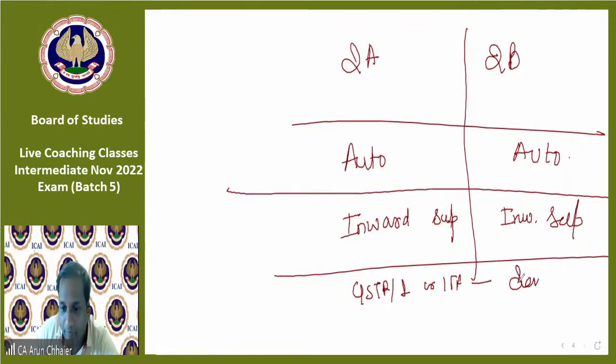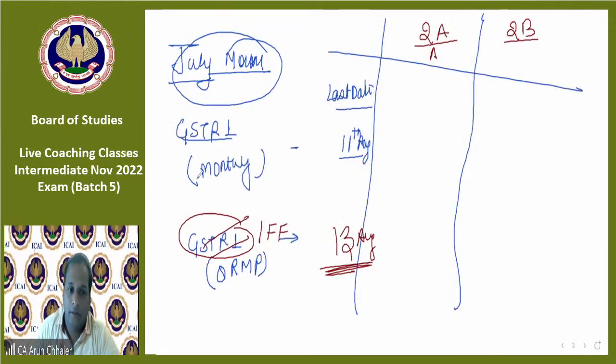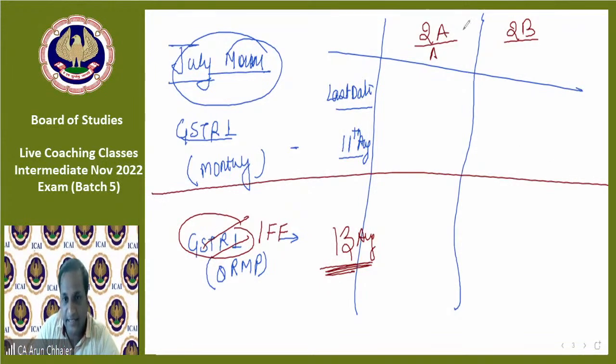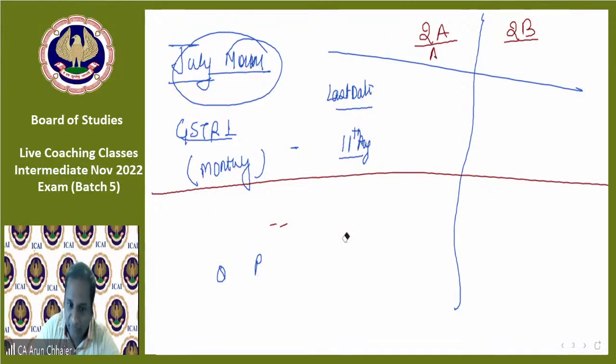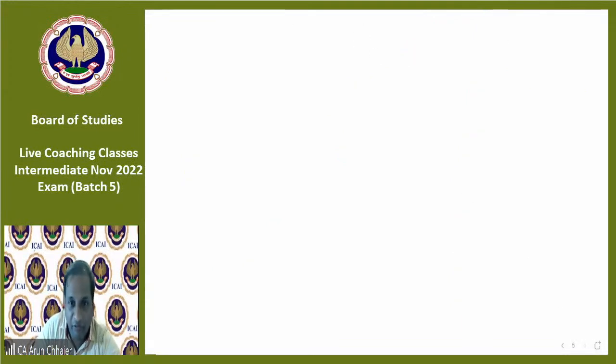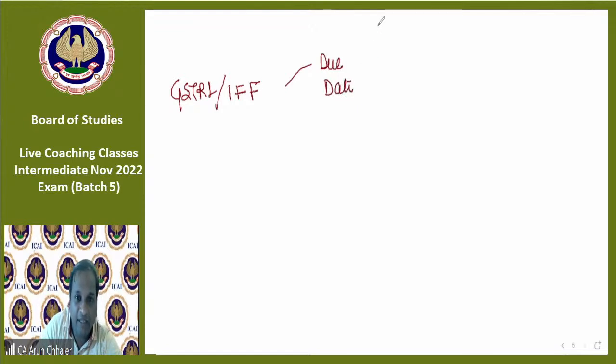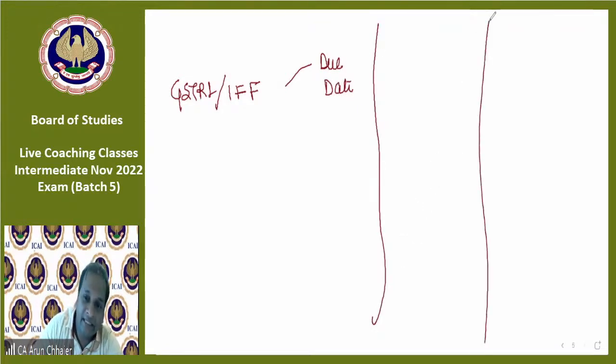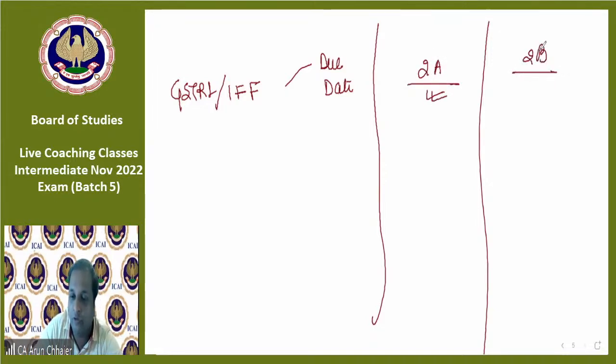Same. Now listen carefully. If the supplier files the GSTR1 or IFF by the due date, then the transaction will appear in the 2A also, and the transaction will appear in the 2B also for the same month.